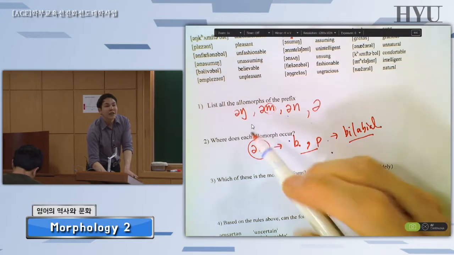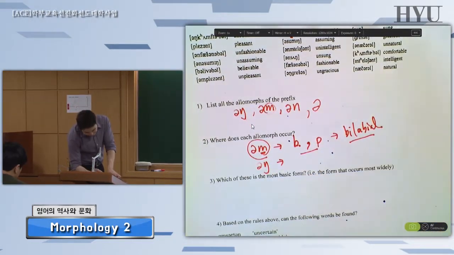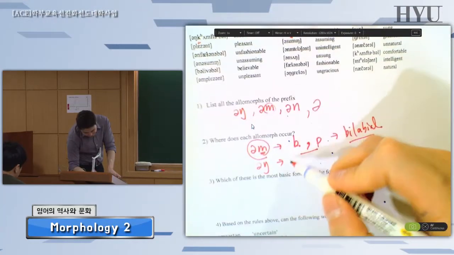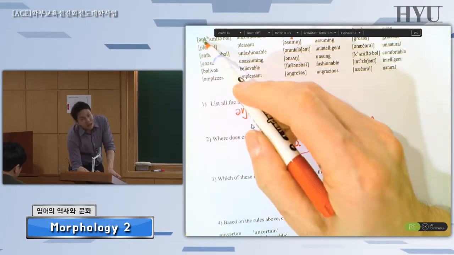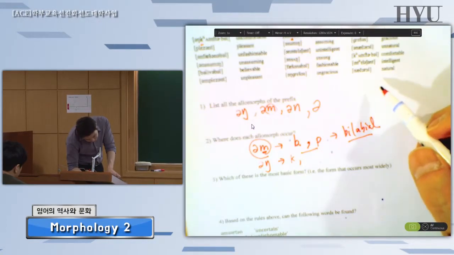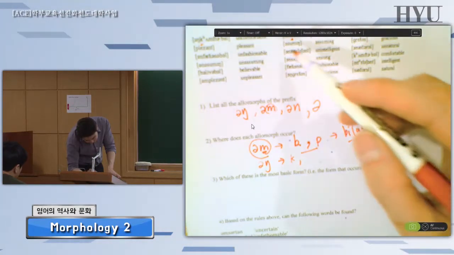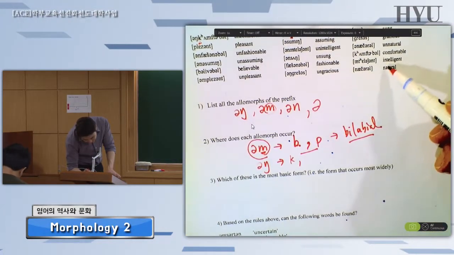You mean this one? N with a tail before K, as in uncomfortable, and before, where's that? Ungracious.